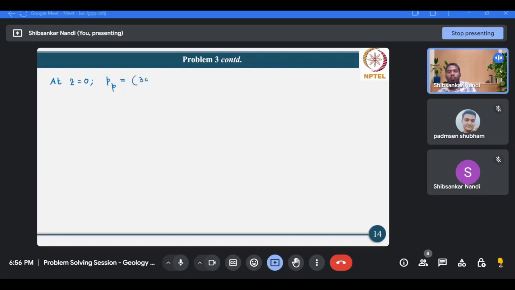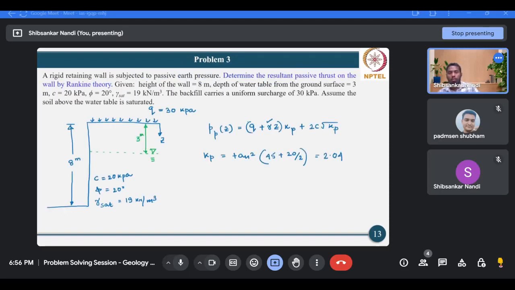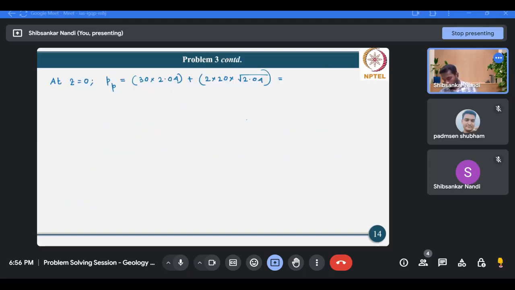We have Q into 2.04. This would be 118.3.